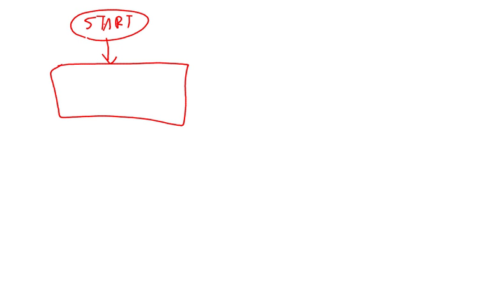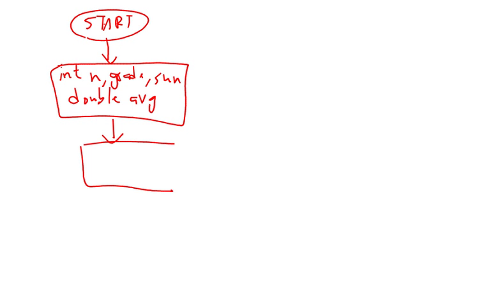We need int n, grade, sum equal to 0, then a double average. We're going to ask for how many grades. Input n, and now we go into the for loop.